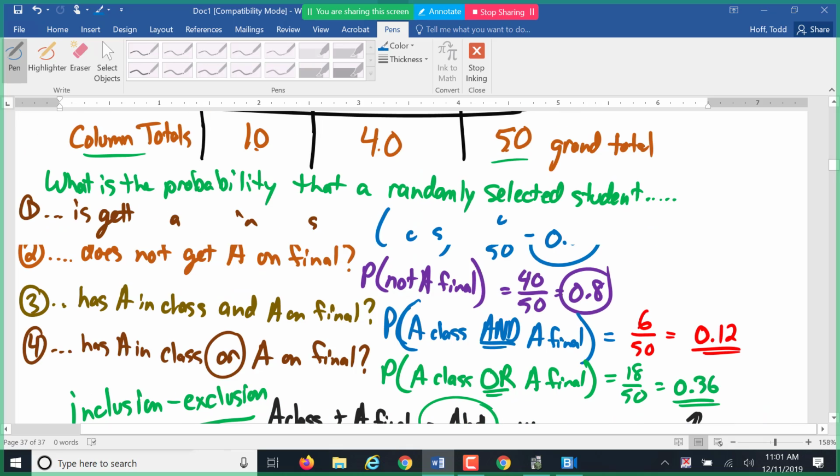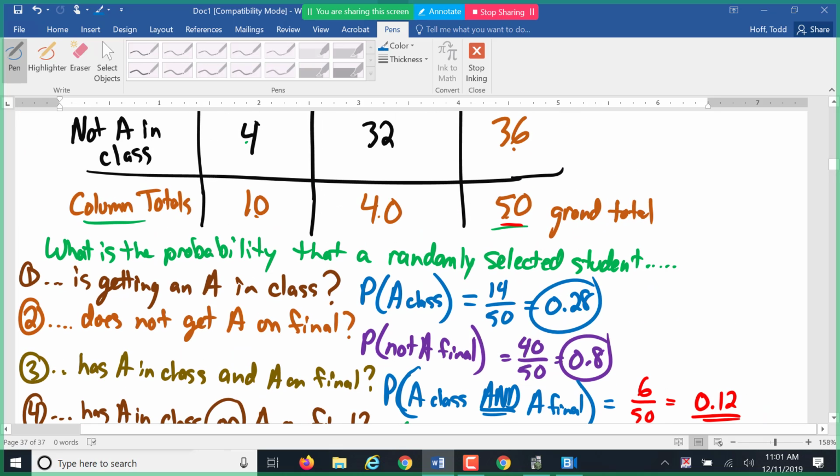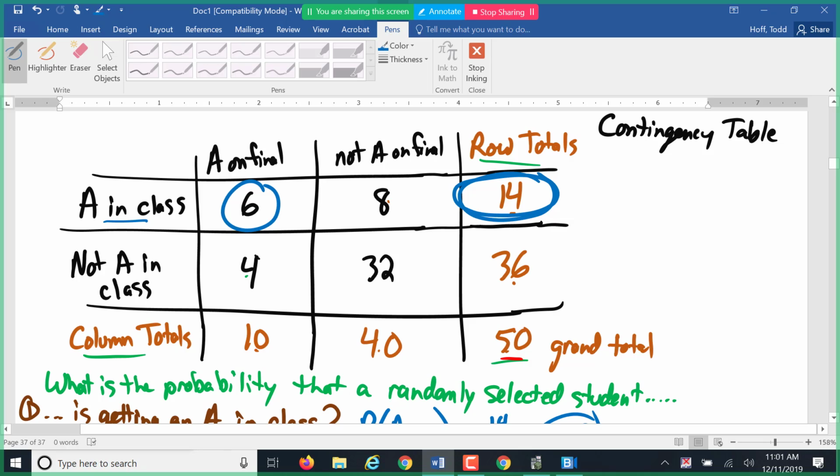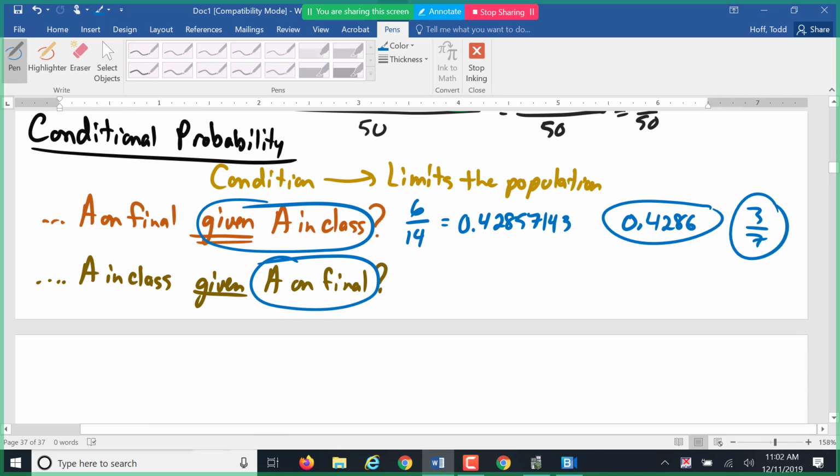So it's slightly different if we go up here to our table. Rather than limiting ourselves to these 14 that had the A in the class, we're limiting ourselves to these 10 who got an A on the final. Of those 10, 6 of them had an A in the class prior to that. So that's 6 A's out of the 10 that got A's on the final. That's a 0.6 probability. Notice that number is quite different. Any questions?